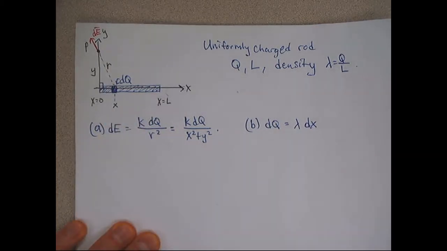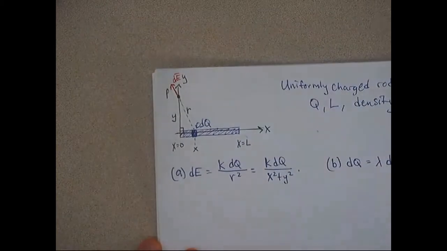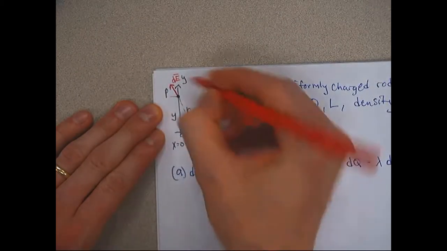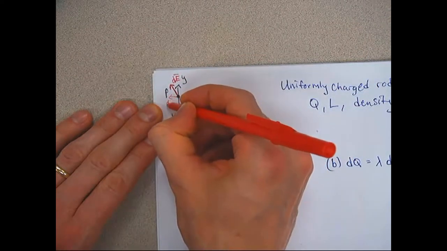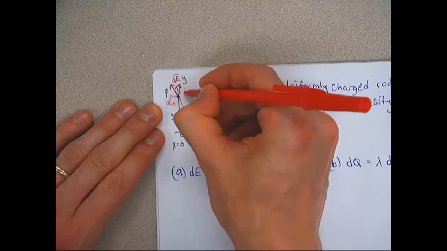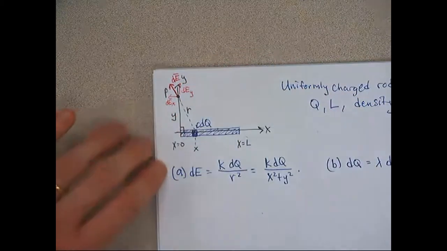But now you see that our dE vector has two components, a dEx and a dEy component.